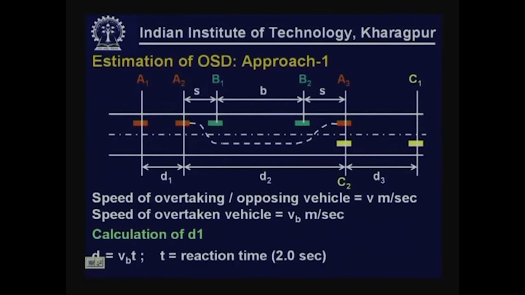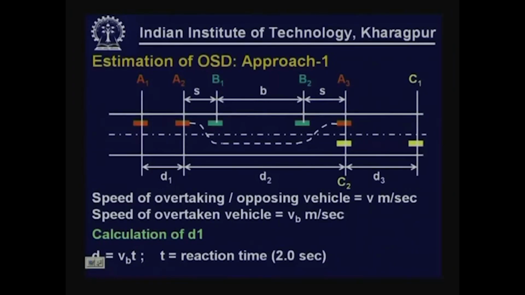Now, how can the overtaking sight distance be estimated? There are different approaches for estimating the overtaking sight distance. We shall discuss 3 different approaches. Approach 1 is shown here.